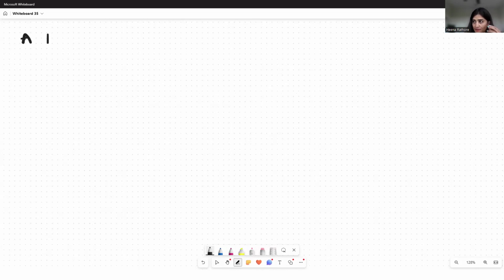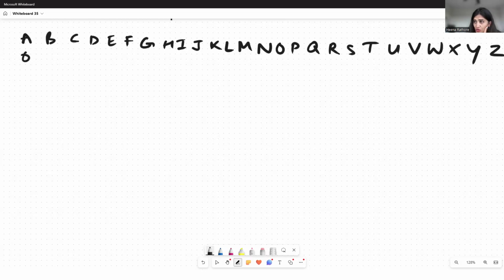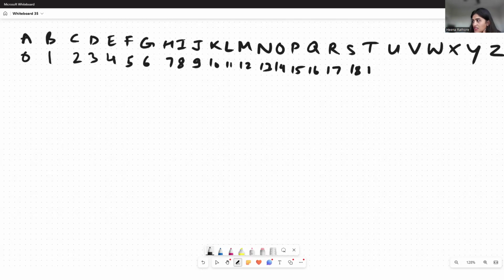So first of all, let me just write down all the characters and the numbers associated with each one of them. So you start with 0, 1, 2, 3, up to 25.